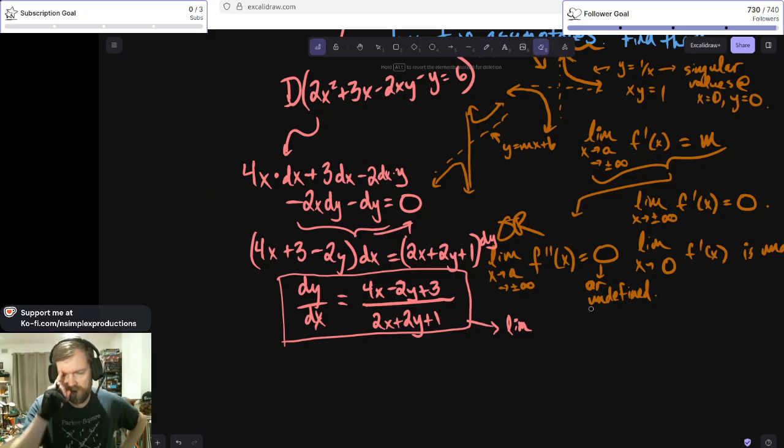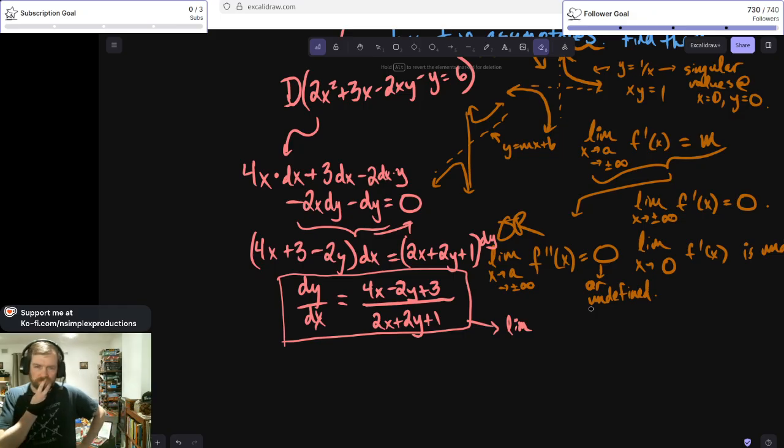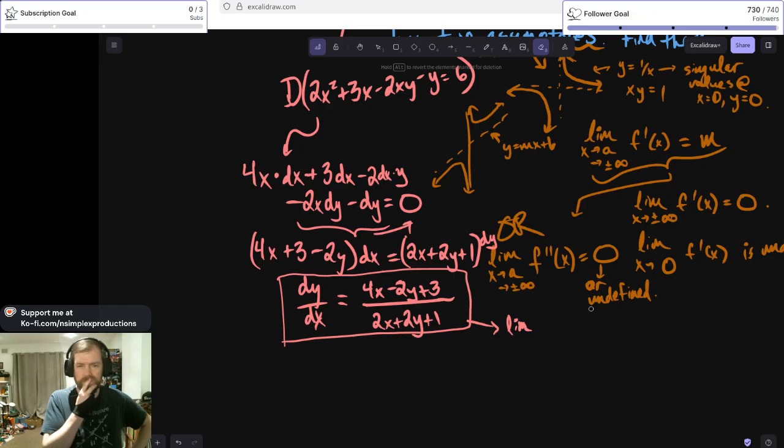Okay, so this thing is causing us some trouble because if we want a specific value for our slope, then we're going to end up with some weird combination of stuff.